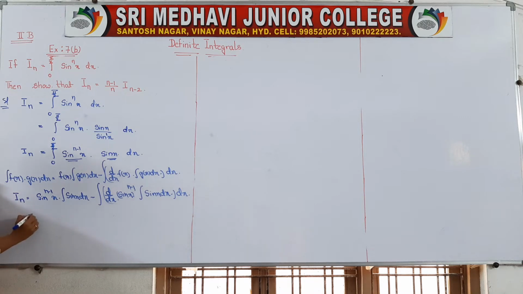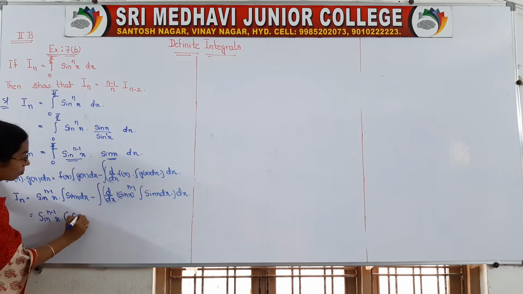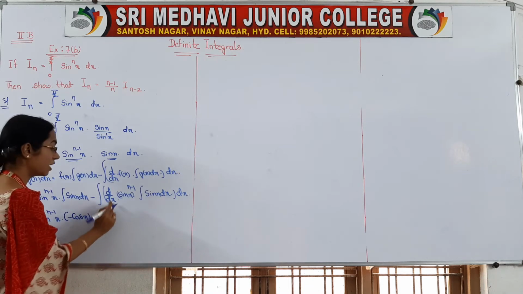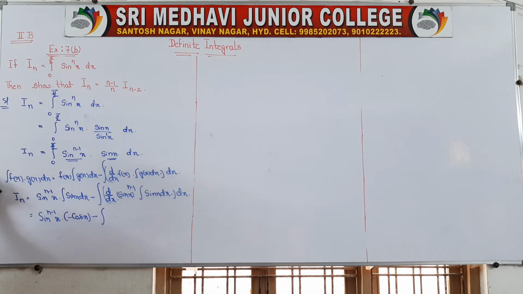So it is equal to sine to the power of n minus 1 x into integral sin x, which is minus cos x, minus, come on, d by dx of x to the power of n form. If x has any value as the power, then d by dx of x to the power of n is n into x to the power of n minus 1 into d by dx of x.